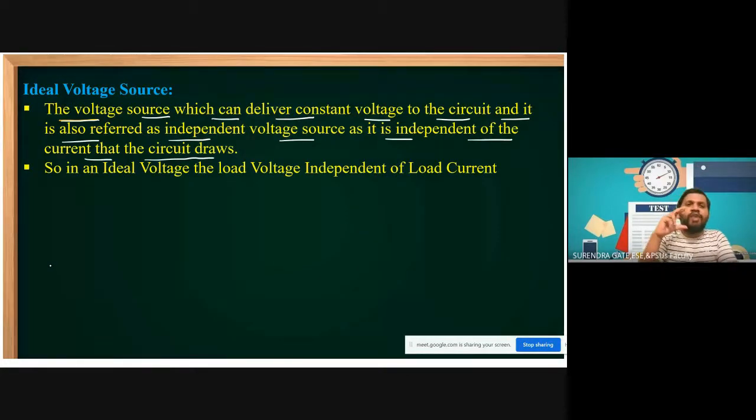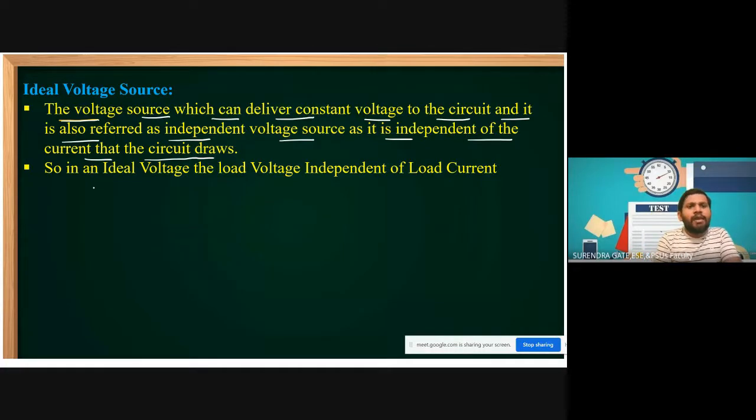That means it always supplies a constant voltage to the load. It maintains the constant voltage at the terminal, independent of the current flowing in the circuit, that is, independent of the load current.